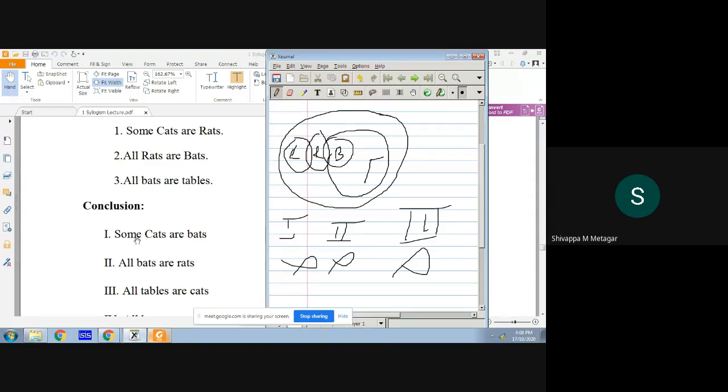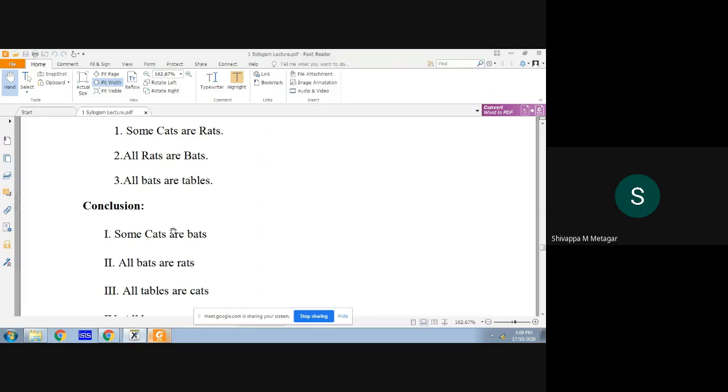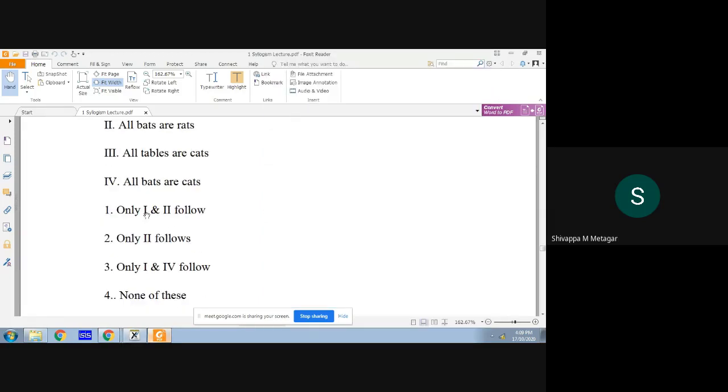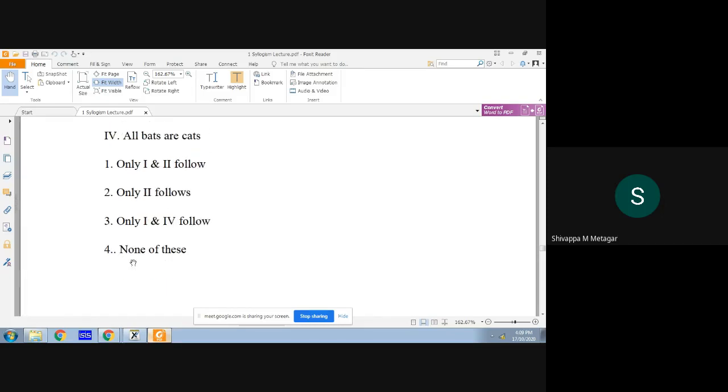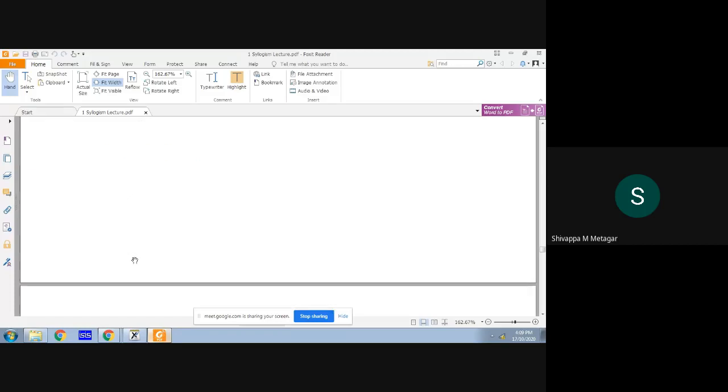Some cats are bats is not possible, so wrong. The second is also not possible, wrong. And third, all tables are cats: the table is not inside the cat, so the third one is also wrong. For answering this question, only 1 and 2 follows, no; only 2 follows, no; only 1 and 4 follows, no. None of the above is the right answer.